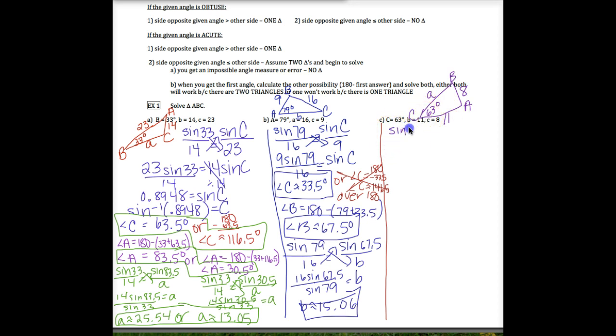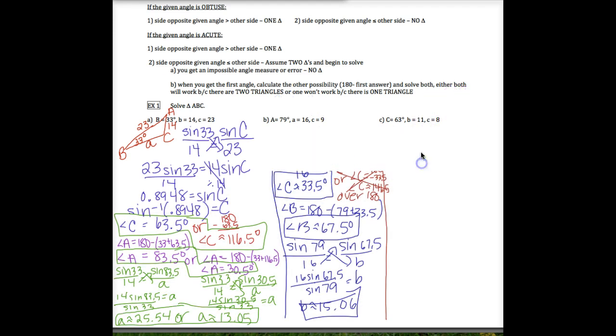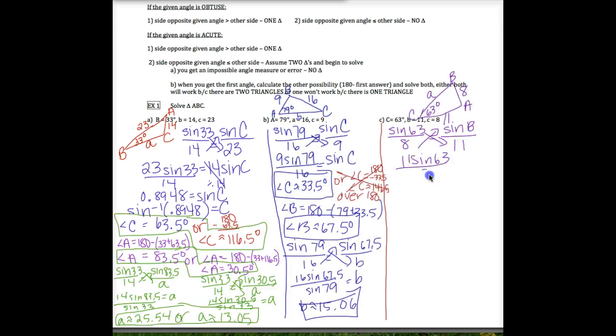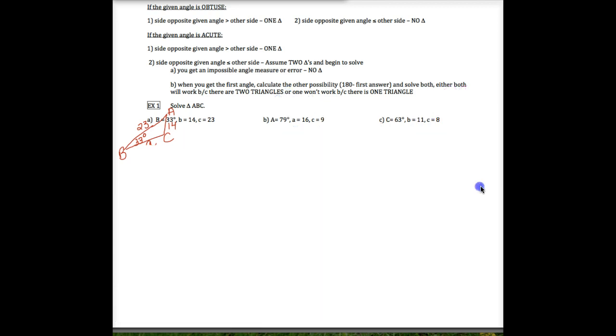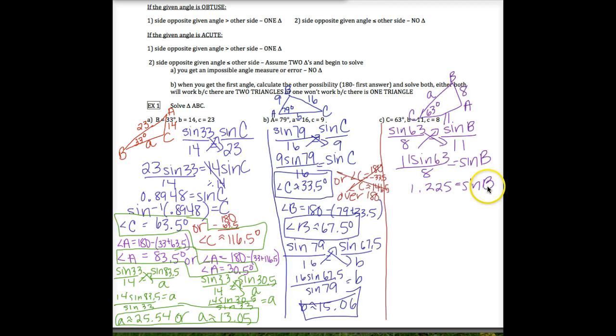So sine of 63 over 8 equals sine of B over 11. Cross multiply, 11 times the sine of 63 and divide it by 8 is going to give us the sine of angle B. So 11 sine of 63 divided by 8, you should get about 1.225 for the sine of B. So then you do inverse sine, because when we're looking for the angle, we use the inverse.